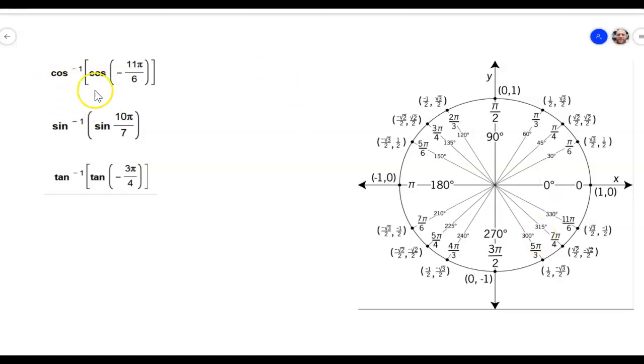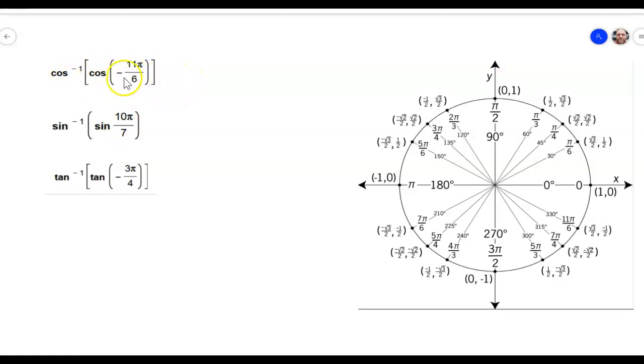So in order for us to solve these, the values need to be in that domain, or we're not going to be able to use the fact that we're just using the inverse of the same thing to just shoot that value out. If these values here are in the domain, then the inverse cosine of the cosine is just going to be that value.